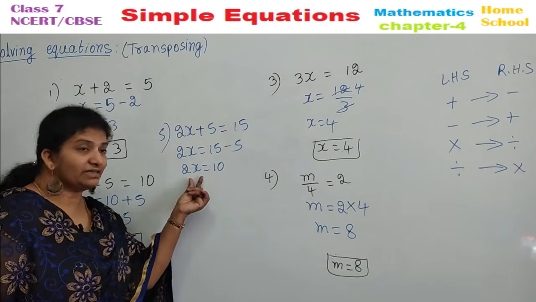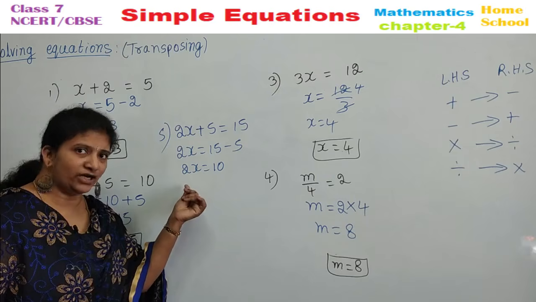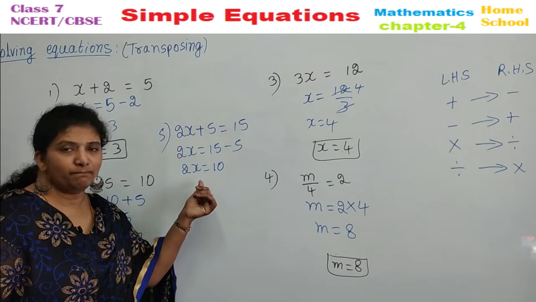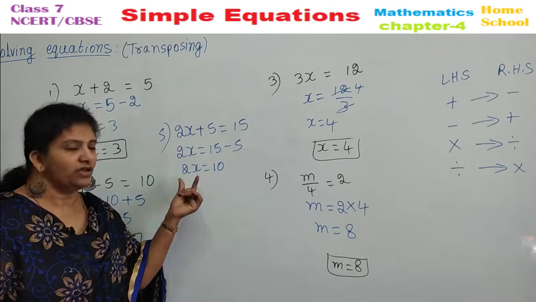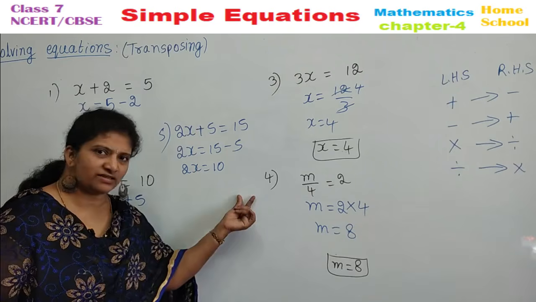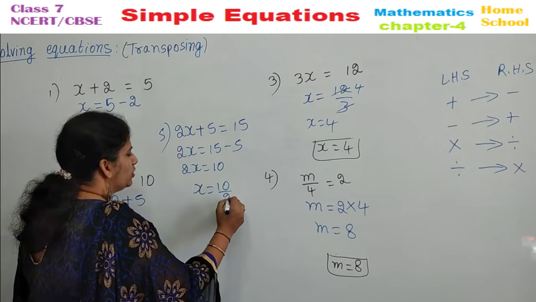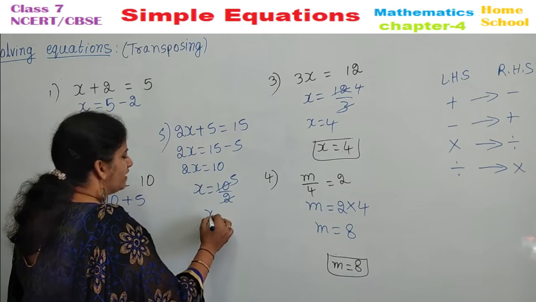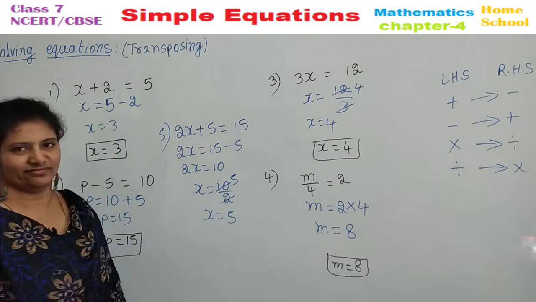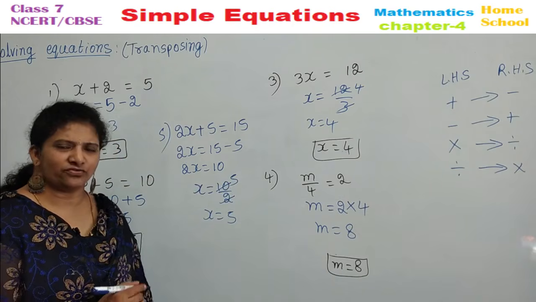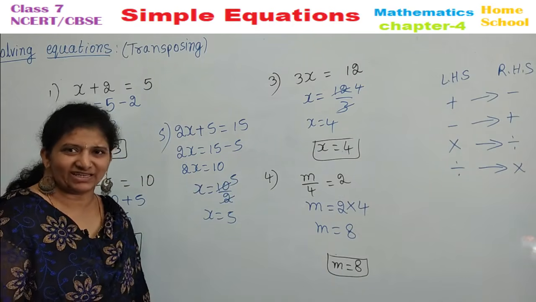Now again, other than the variable, what do you have extra? 2. 2 is in multiple position, right? This 2 transposed to the other side will be divided. 10 by 2. 2 5s, therefore x is equal to 5. Right? It's very easy to find the value in these simple equations.